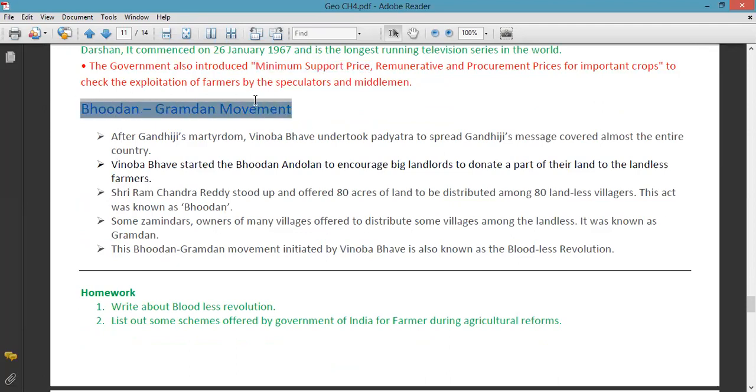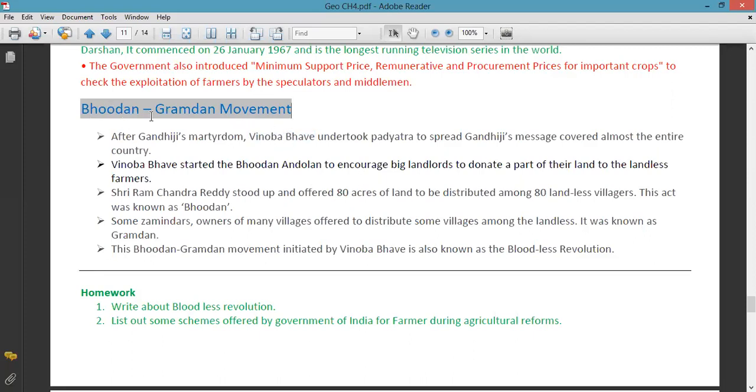Next, in the box in your textbook, there is information about the Bhoodan and Gramdan movement. It's all about a revolutionary movement carried out by Vinoba Bhave. A very simple piece of information, just to store. In history, you might have studied n number of movements.